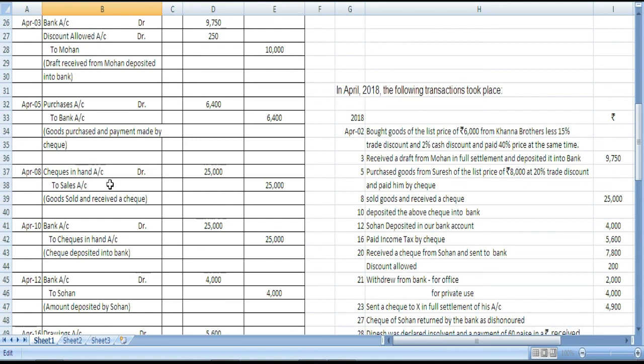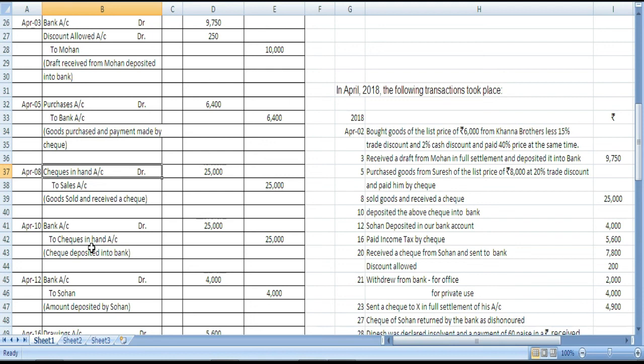But if we receive a check, like here on April 8, we receive a check. So, we will write checks in hand account, and on April 10th we have deposited this check into the bank. So, we are giving the check and the bank is receiving the check. So, bank account to checks in hand account.